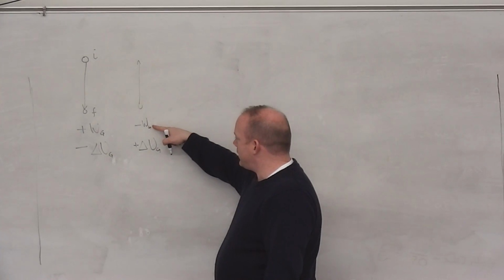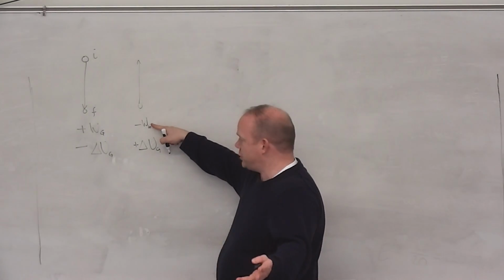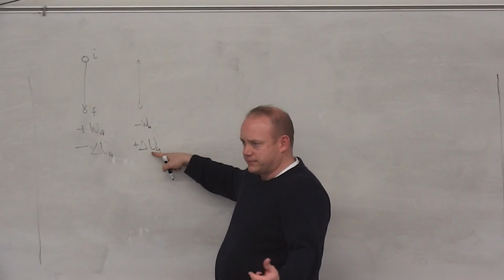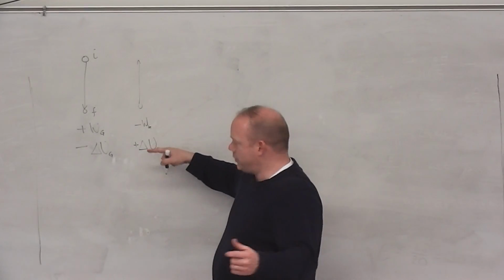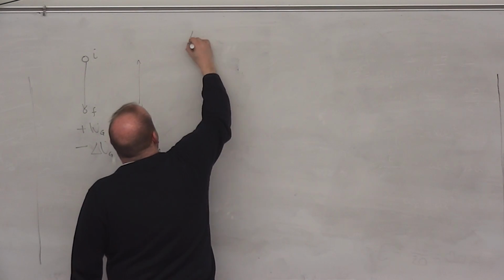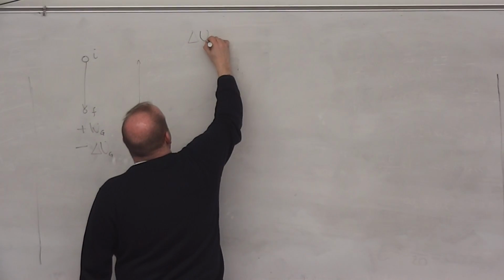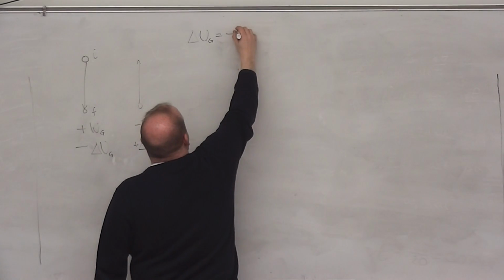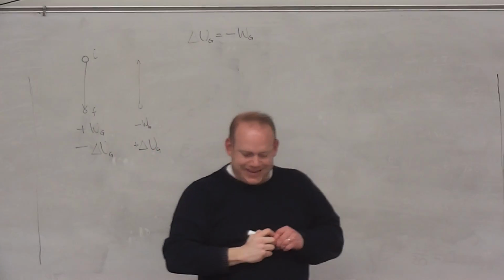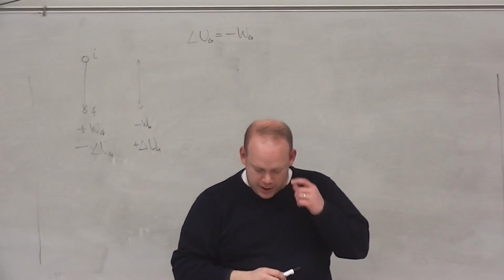The work done by gravity is the force mg times the change in height. Well, the change in potential energy is mg delta h. We already know that. So now, one thing that we can say here is that the change in potential energy due to gravity is equal to negative the work done by gravity.